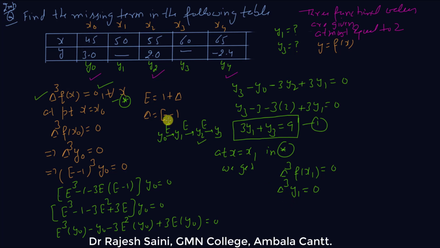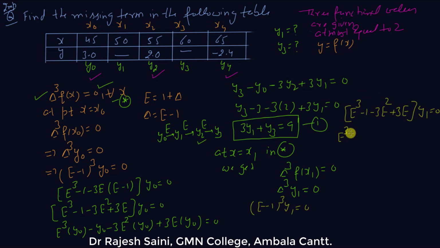Fine, and delta, you know, is equal to E minus 1. This will be (E minus 1) cube y1, and you know how this will be opened: E cube minus 1 minus 3E square plus 3E applied on y1.